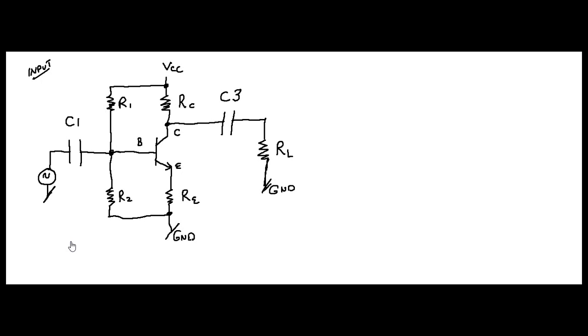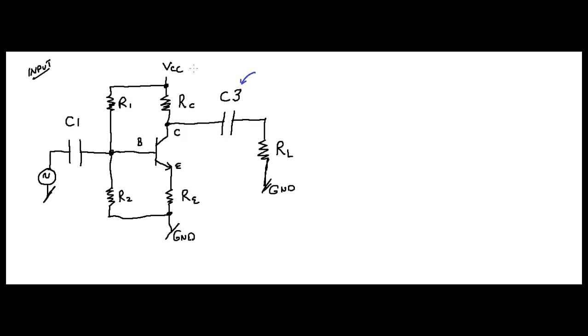Alright everybody, welcome back. So, I modified our drawing just a little bit because this currently is the linear amplifier. Now what I did is I changed this capacitor number from C2 to C3.